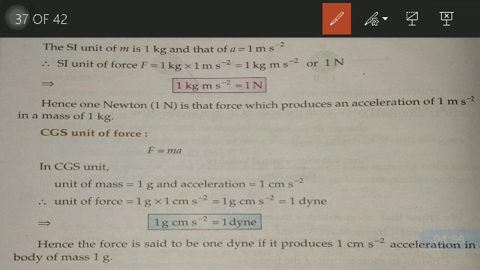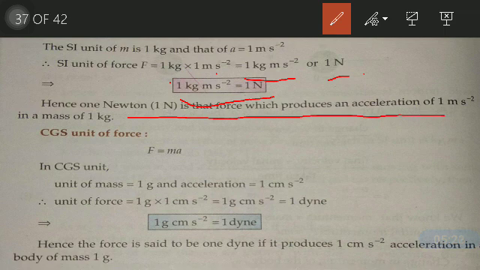Placing the units of mass and acceleration, we get 1 kg meter per second square, which is equivalent to 1 Newton because Newton is the unit of force. So 1 Newton is equal to 1 kg meter per second square. Hence we can say 1 Newton is that force which produces an acceleration of 1 meter per second square in a mass of 1 kilogram.